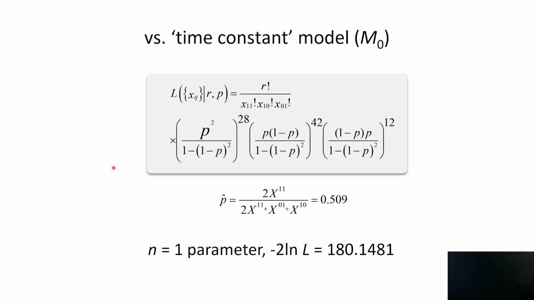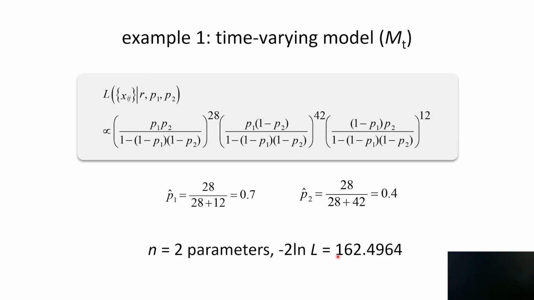So here's the same data fit to a model where we assume that P is a constant. Still 28, 42, 12, but the model equation is different. We run through the analysis. Now we only have 1 parameter. We're estimating P. But look at -2 times the log likelihood. It's 180. Remember the point I made a moment ago, that on the -2 log likelihood scale, the closer you are to 0, the better the fit.